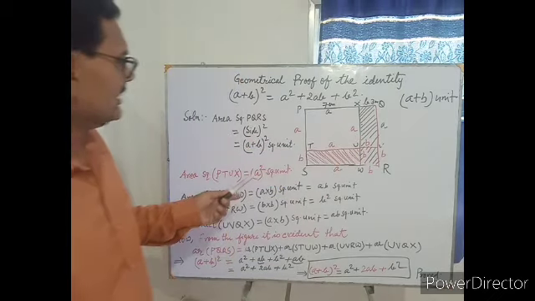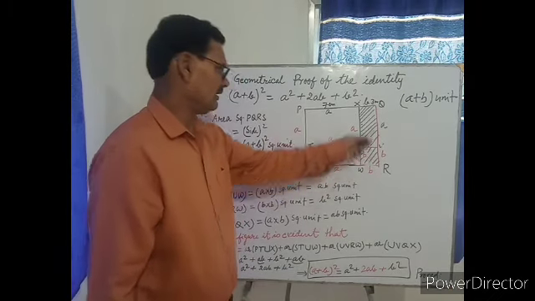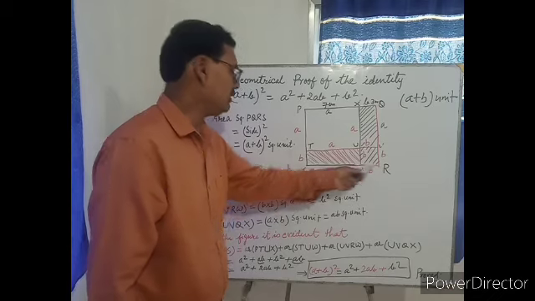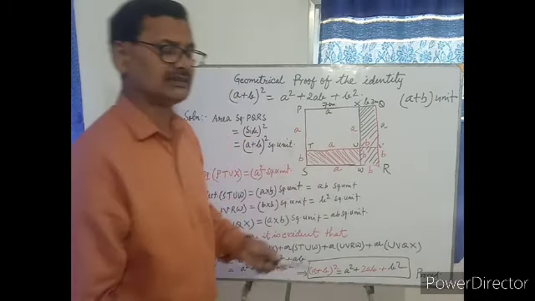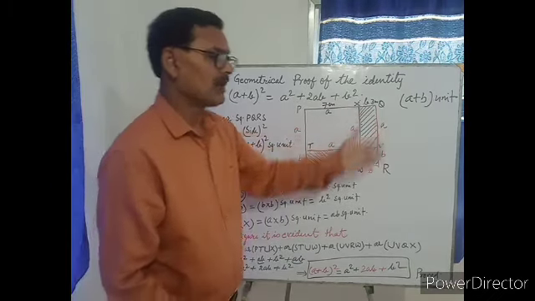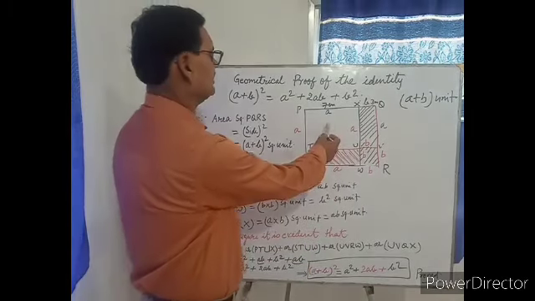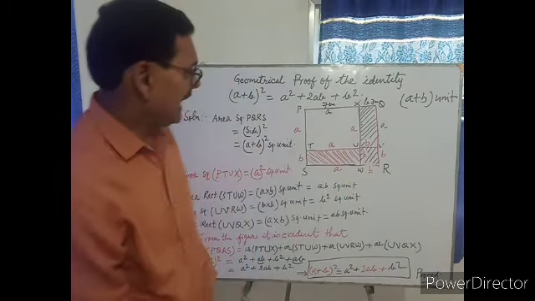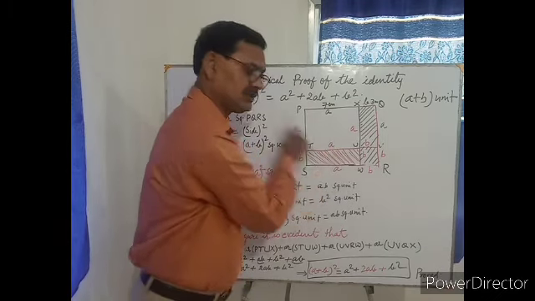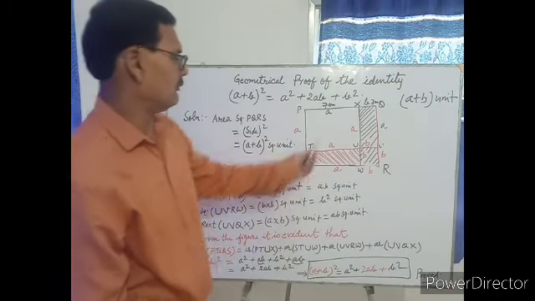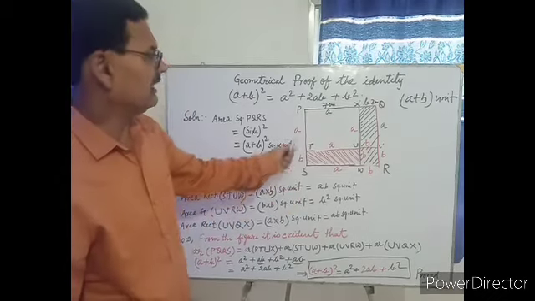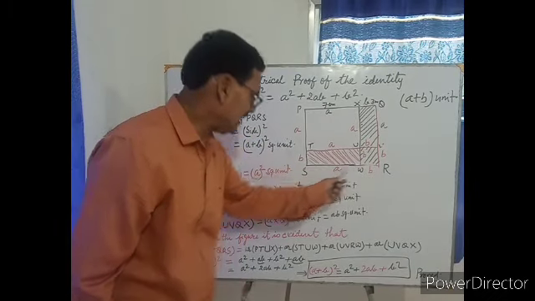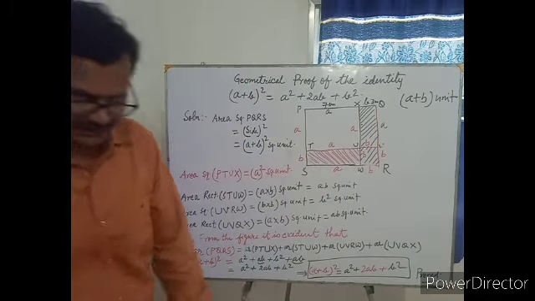Because the one square PQRS is simply divided into four parts. One part is this, another is this, third one is this, and fourth one is this. So if we add the area of all the four figures, what will you get? It will be the area of the same square PQRS.